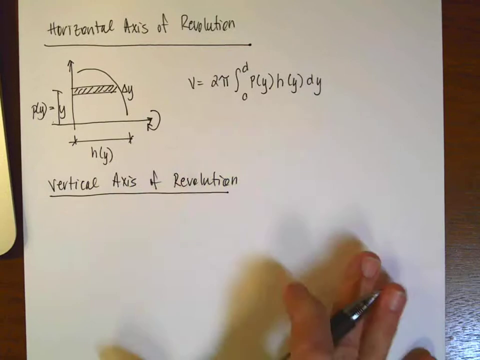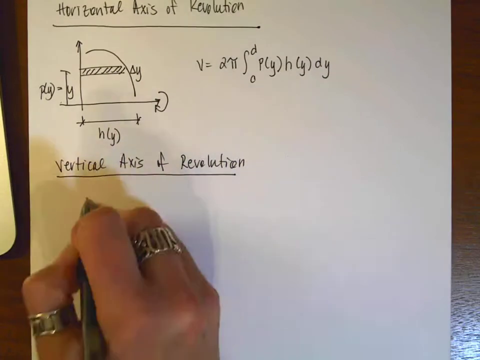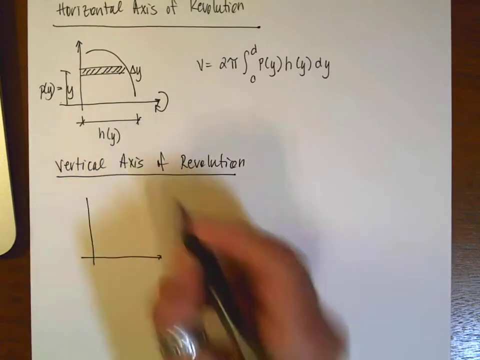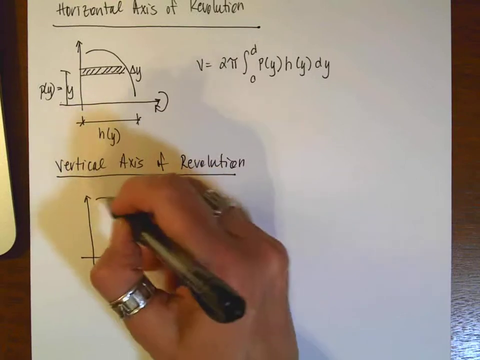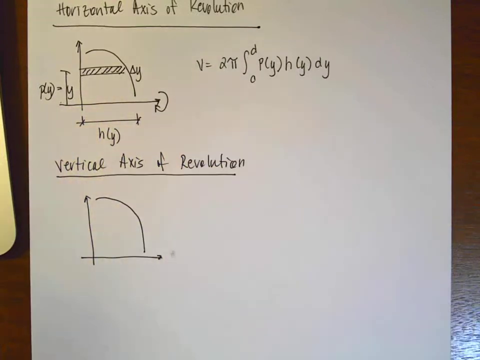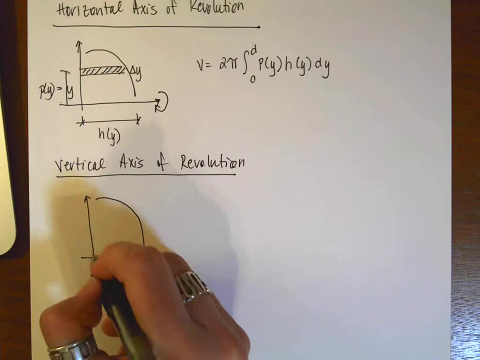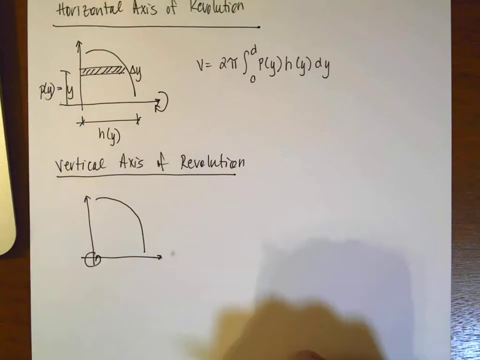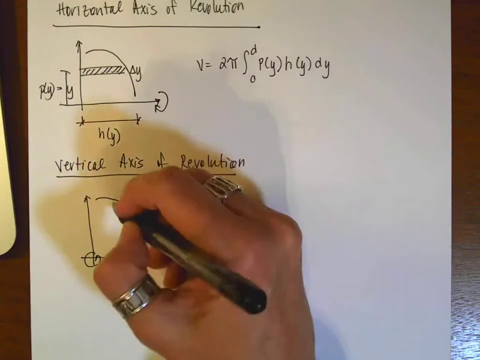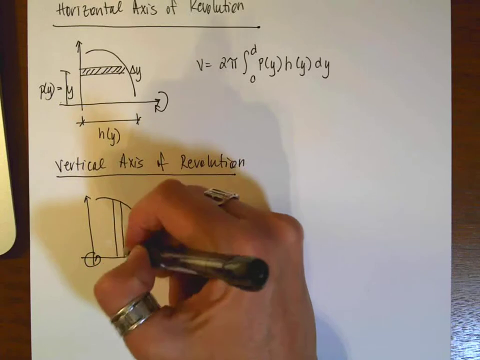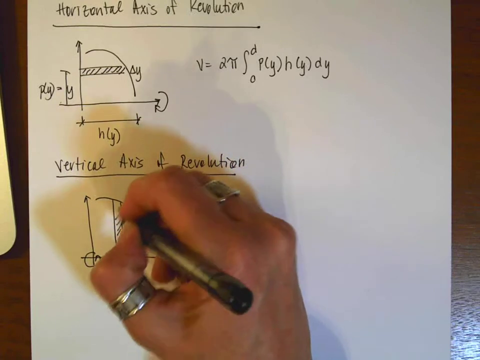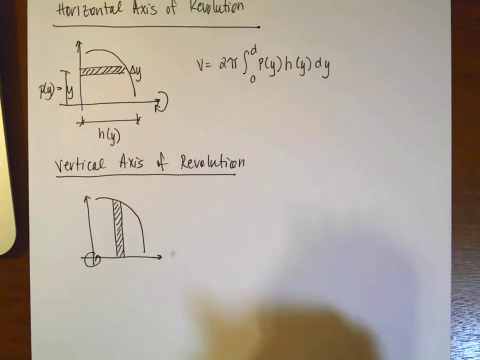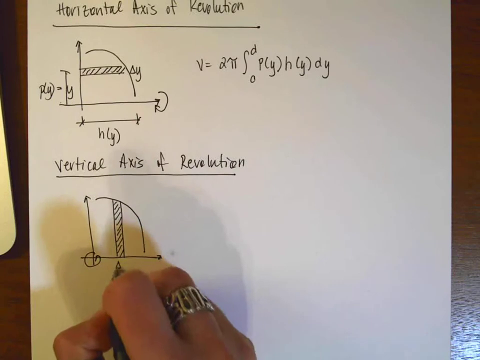And then if I have a vertical axis of revolution, if I draw my handy dandy little axes and draw my cute little curve, and this time I want to rotate it about the vertical axis, then my representative rectangle needs to be parallel to the axis of rotation.